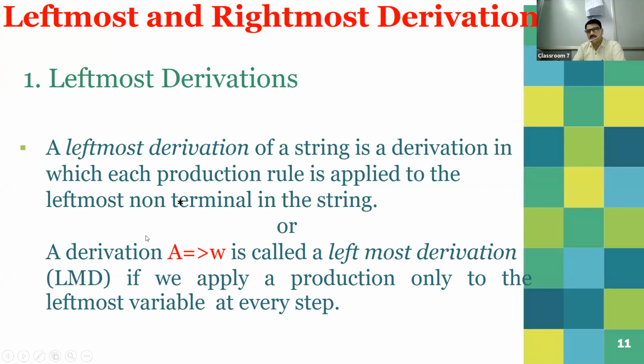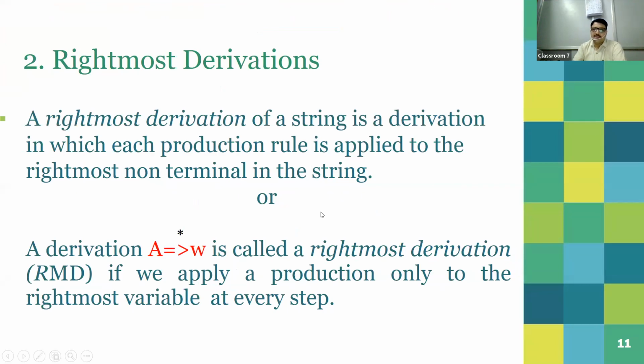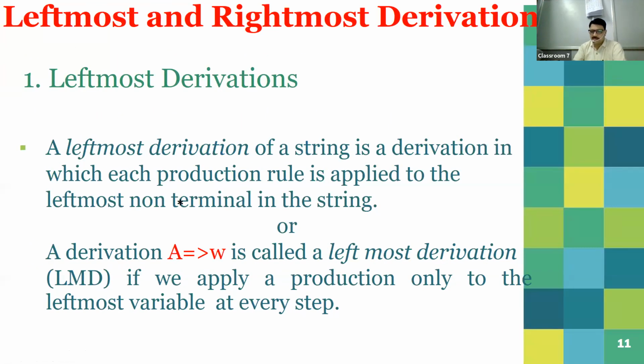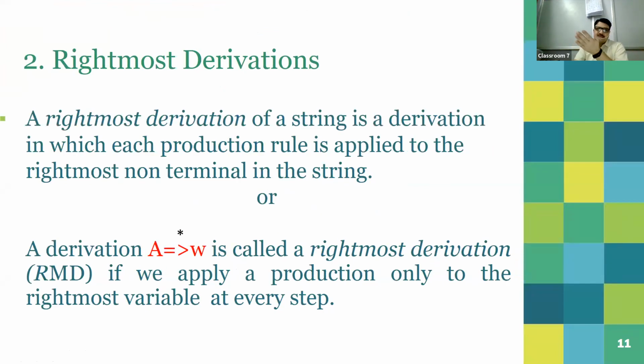Now, again, just see the example. How can we derive the leftmost derivative or the rightmost derivative? Rightmost derivative is similar to the leftmost derivative. So simply, in case of rightmost derivative, we can say that a rightmost derivation of a string is a derivation in which each production rule is applied to the rightmost variable in the string, or a derivation A to W. A to W means W is the string that is derived by using the production.